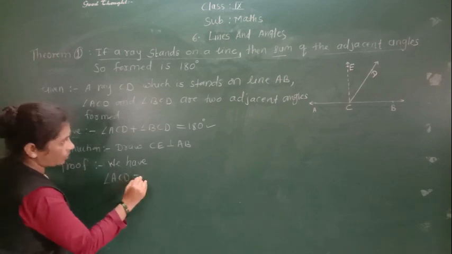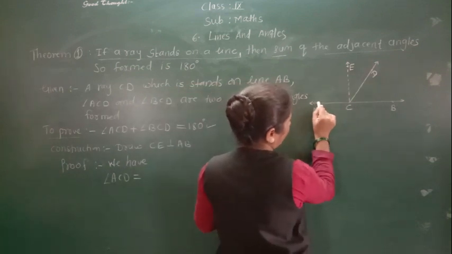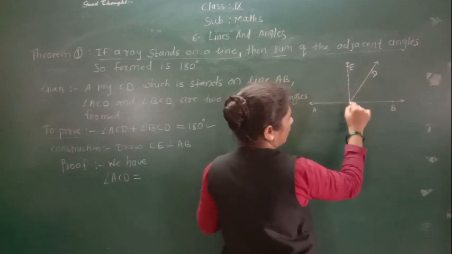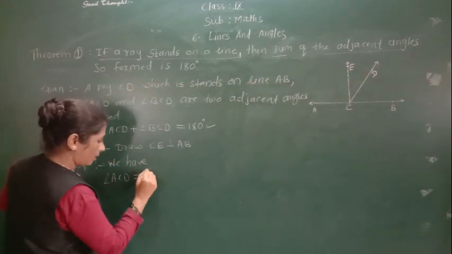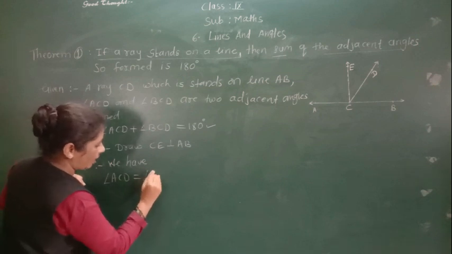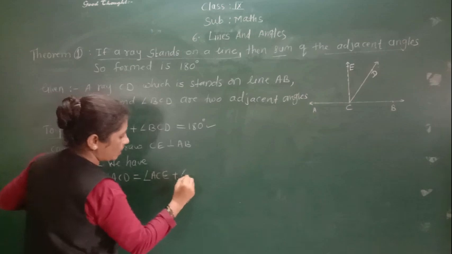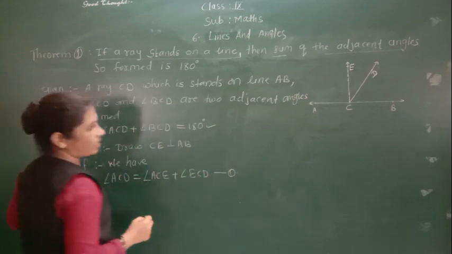So angle ACD equals angle ACE plus angle ECD. This is your first statement.